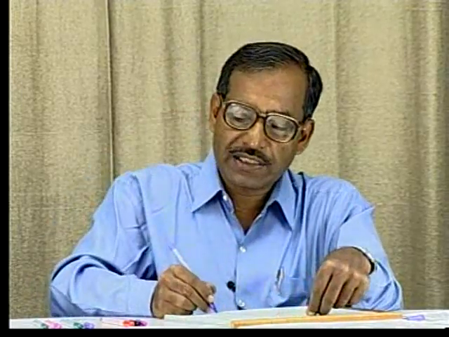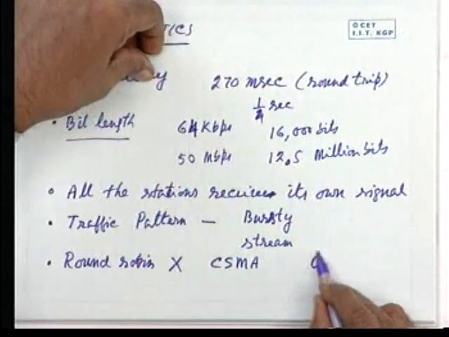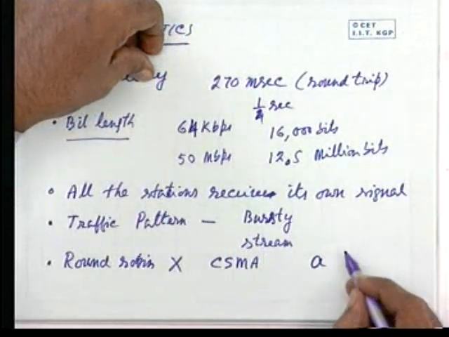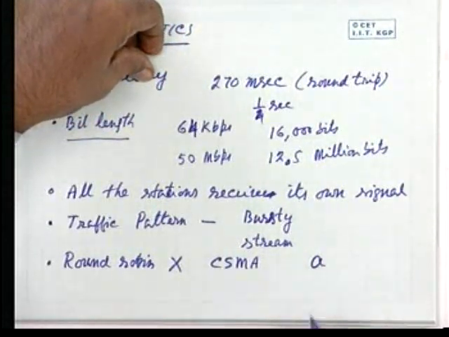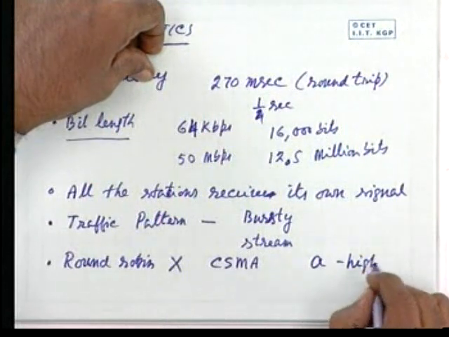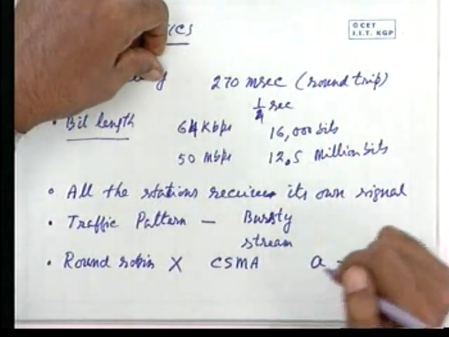But in satellite, what you are receiving now happened about 1/4 of a second earlier because of long delay. In other words, the value of a, the ratio of the propagation time to the transmission time, is quite high. As a consequence, the CSMA based approaches cannot be used.